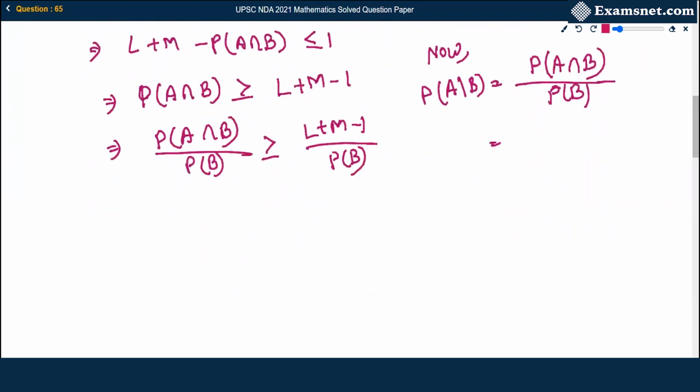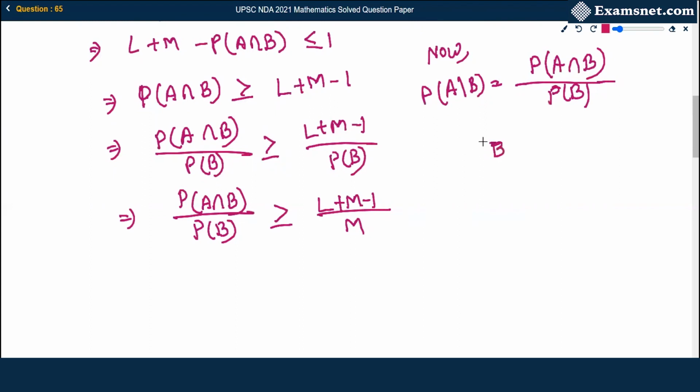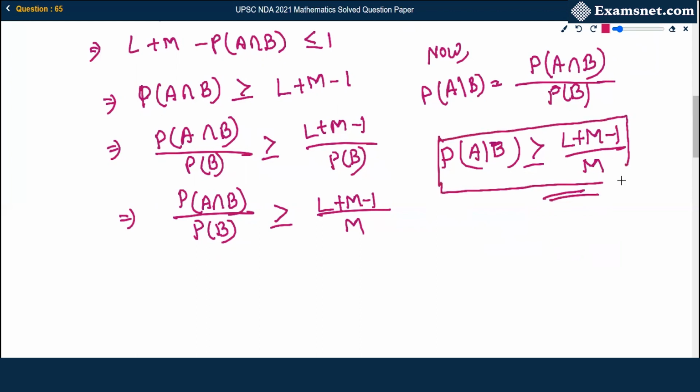That means we will replace it with the value of probability of B on the right side. So it's M. Since it is equal to P(A given B), that means it's also greater than or equal to L plus M minus 1 by M, right? So this is the final relation we got from the calculation.